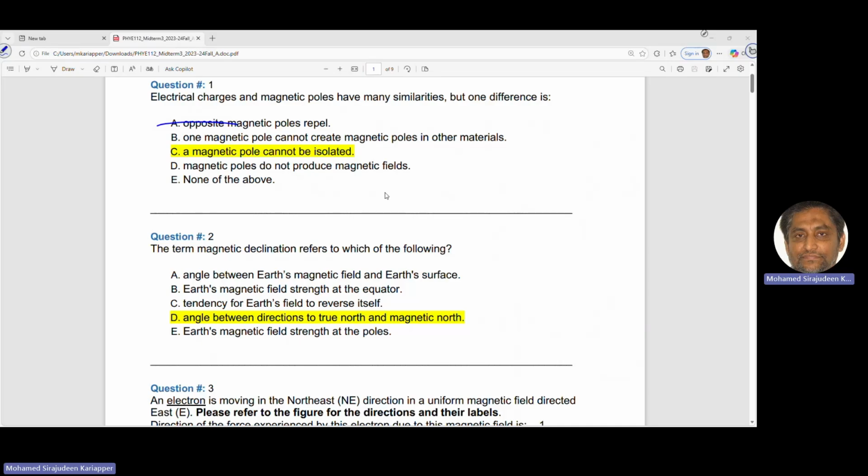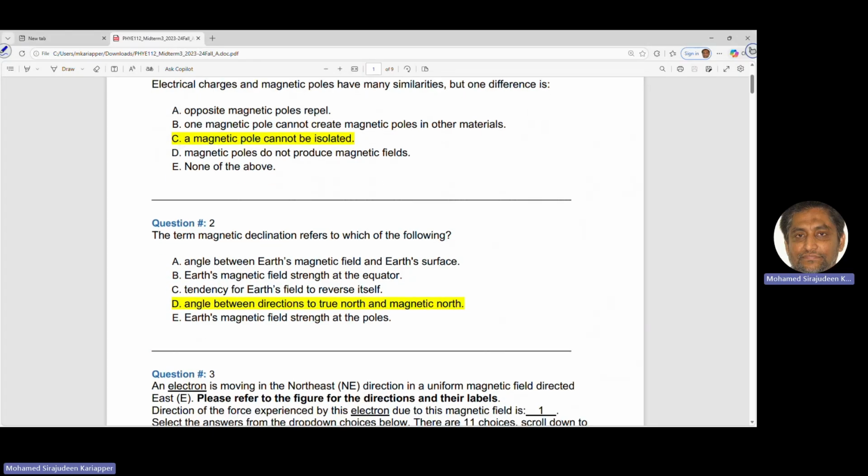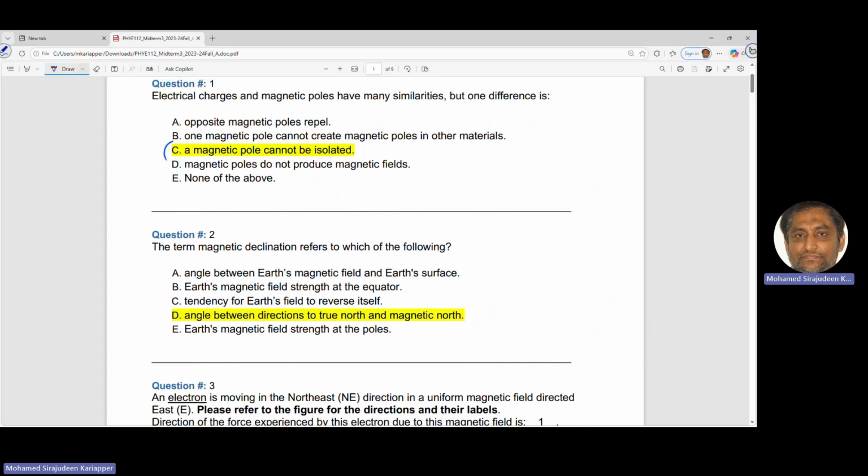So that is the difference between charges and magnetic poles. Magnetic poles cannot be isolated, but charges can be isolated. That's what the question is asking. So the answer is 2.